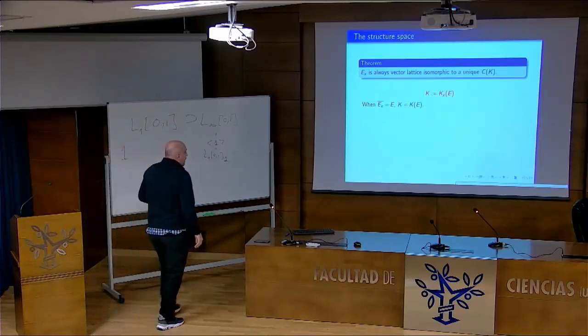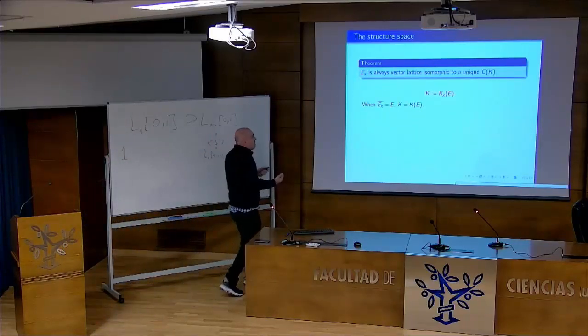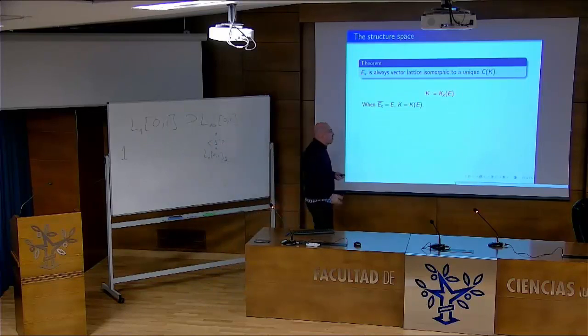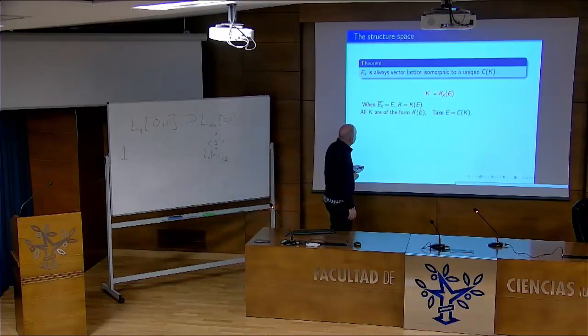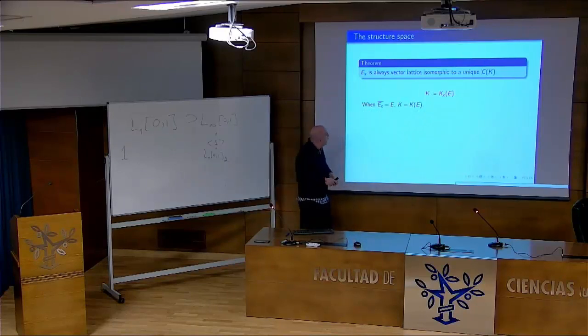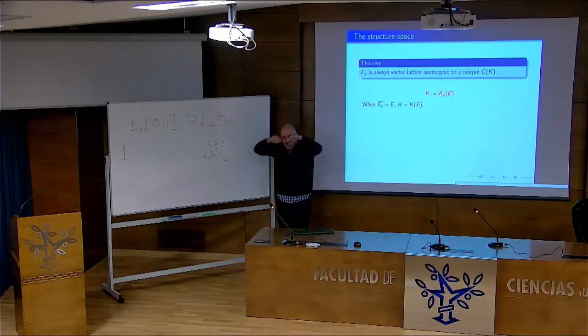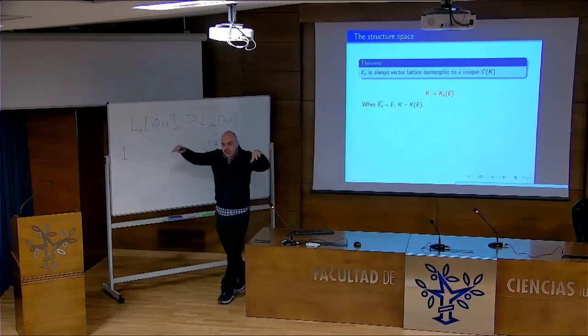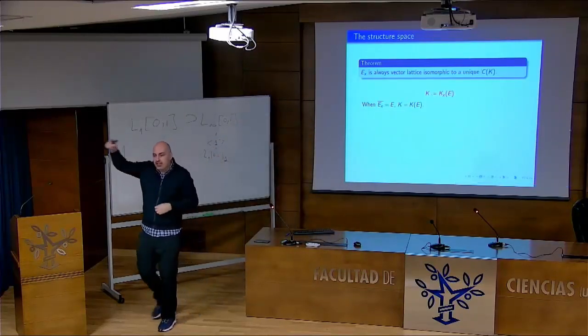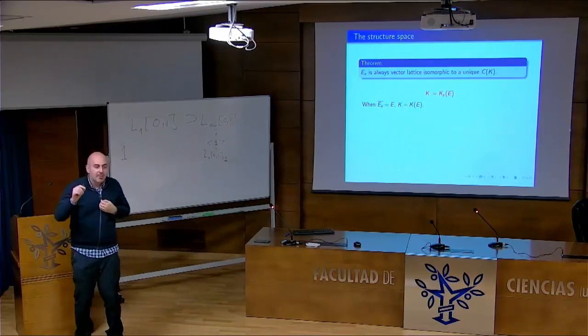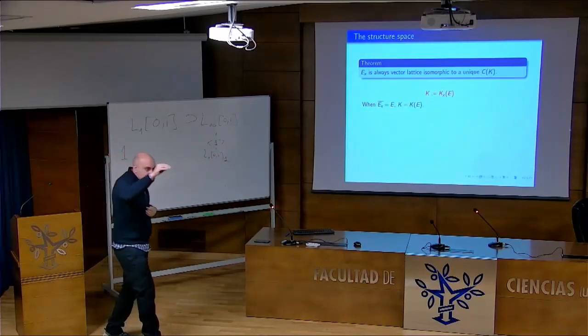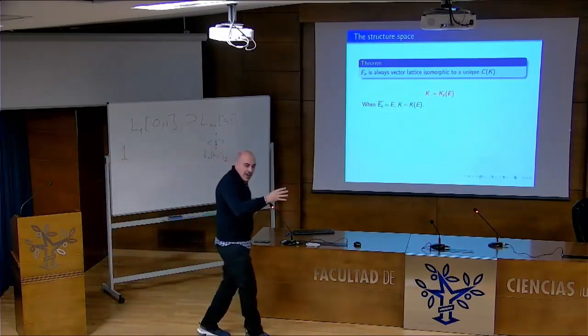Actually, we could even forget about the vector, because one can prove that if you take two vectors whose principal ideals are dense in the Banach lattice, they always generate the same K. So if I look at vectors that somehow generate the whole Banach lattice, I'm not going to change the compact space.